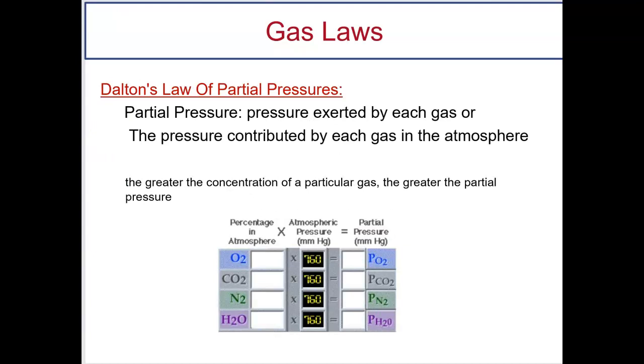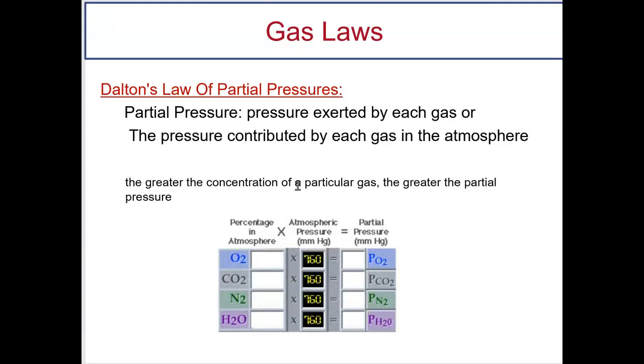So we need to look at something called partial pressures. And partial pressures, basically just what it sounds like, it's the pressure exerted by a gas in an area. So if we were to look at room air, if we had a lot more of a particular gas, then we're going to have a higher partial pressure.